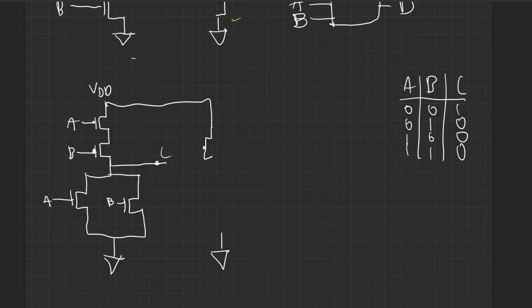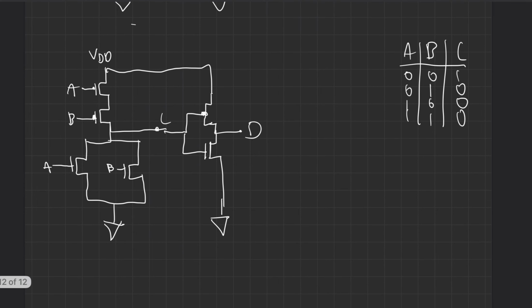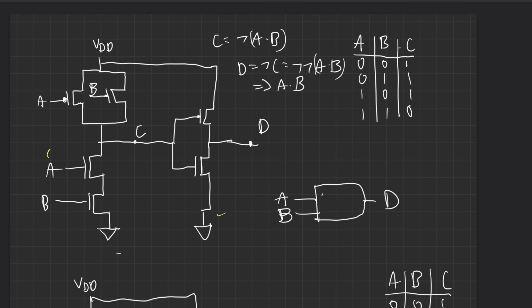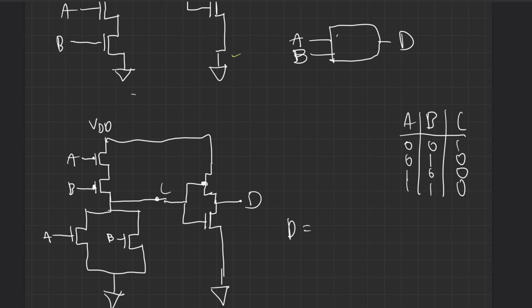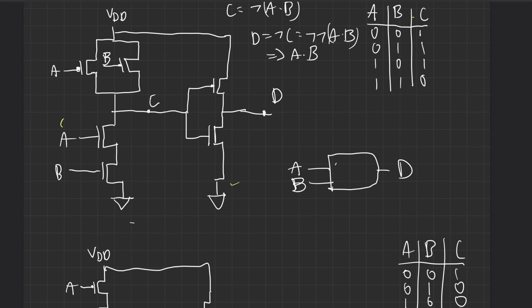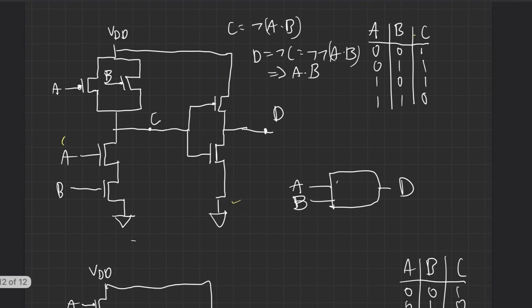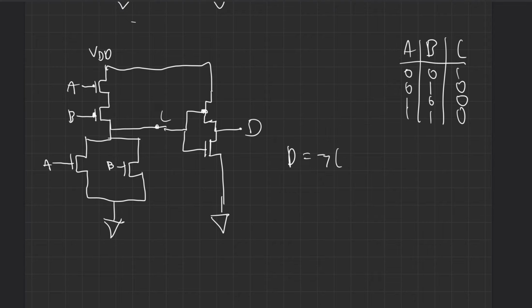But yeah, we have our P, we have our N. I didn't quite draw this right, but we have our D. We have our inverter, and I'll do what we did here, but we'll say that D is NOT (A or B).